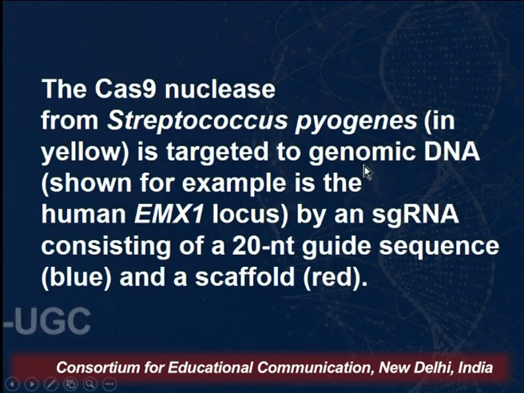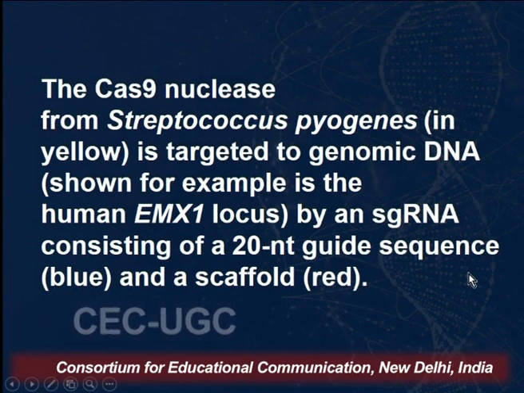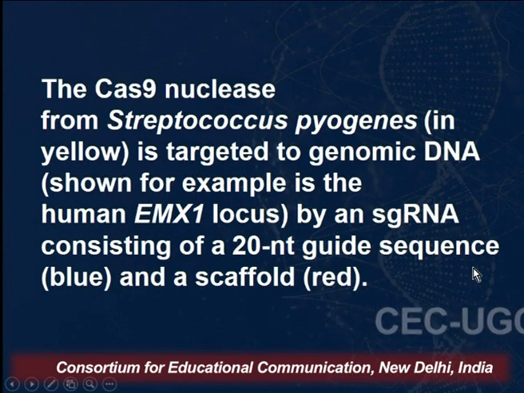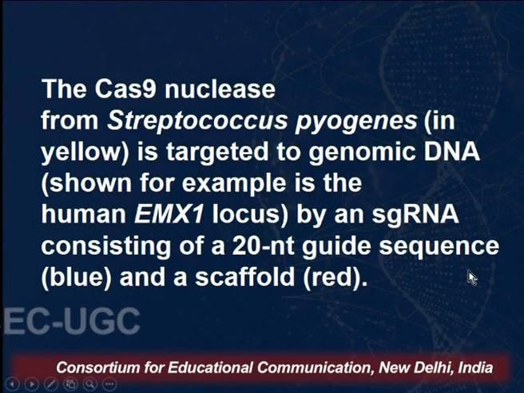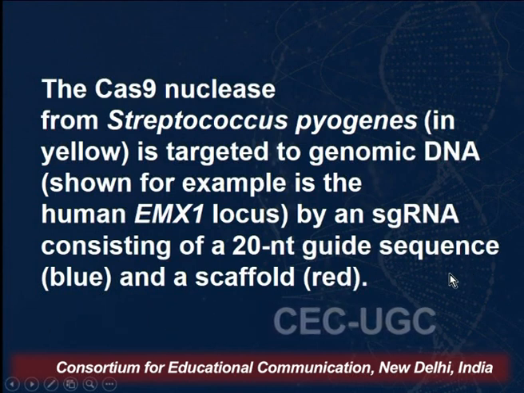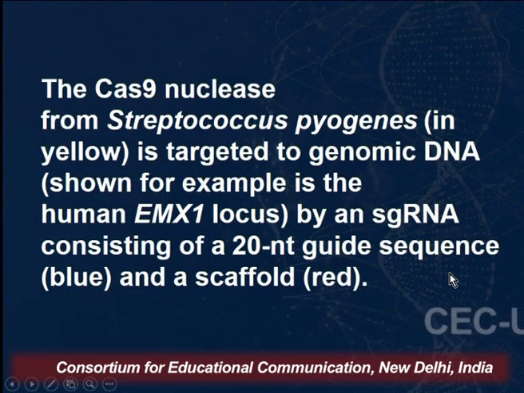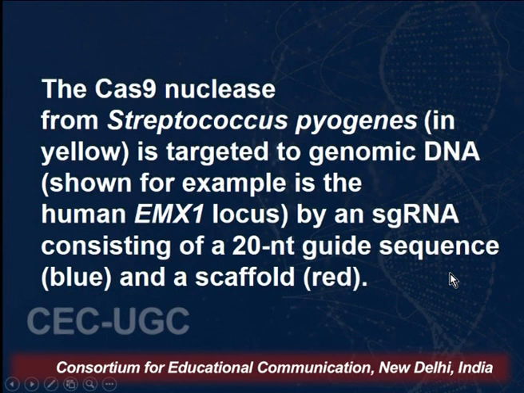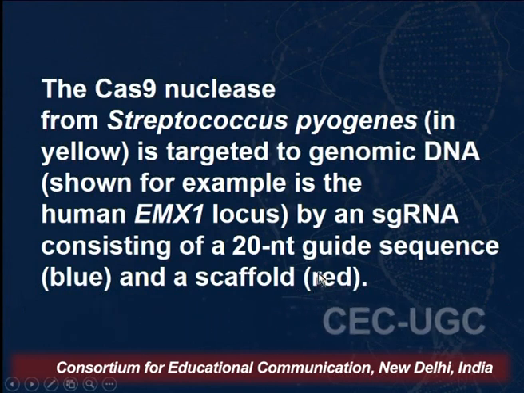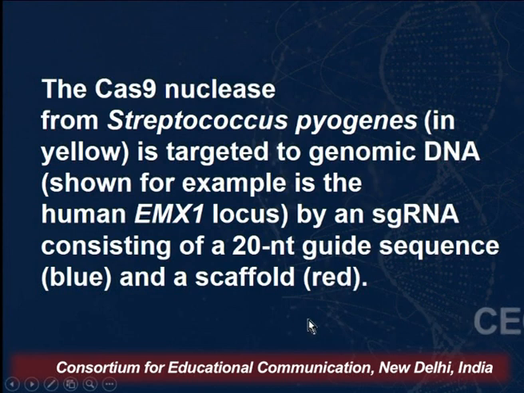The Cas9 nuclease from Streptococcus pyogenes, now it has been isolated from other organisms as well, but initially it was from Streptococcus pyogenes, is targeted to genomic DNA, shown for example in the human EMX1 locus by a short guide RNA, sgRNA, consisting of a 20 nucleotide guide sequence and a scaffold.